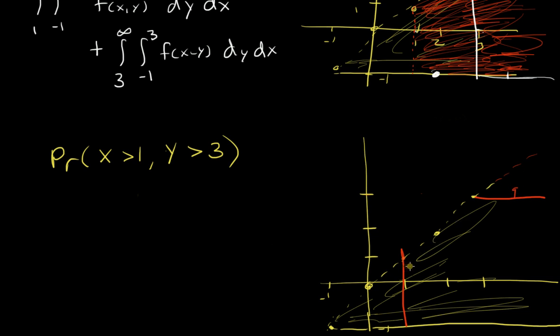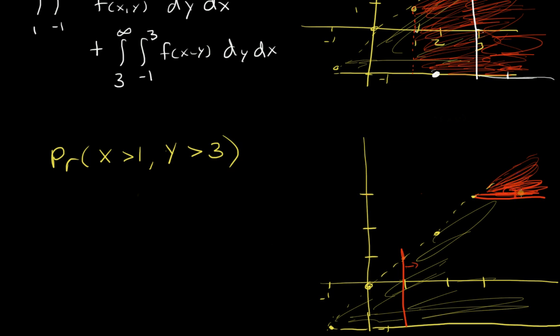So x is greater than 1, so it's over here, and y is more than 3. Now, the fact that x is greater than 1 is taken care of up here. Up here, y is greater than 3 in this area, and x is more than 1.